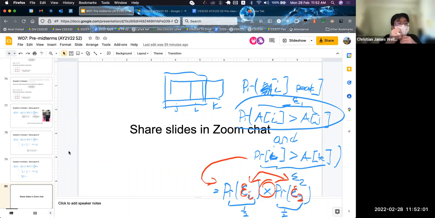You can only separate the two if they're independent events. But here, once you know that A_I is greater than, say, 3, K will depend on whatever value you reveal here. So once you know that E1 happens, basically we know that 3 is greater than 2, it gives you a bit more information to deduce the probability of this happening.